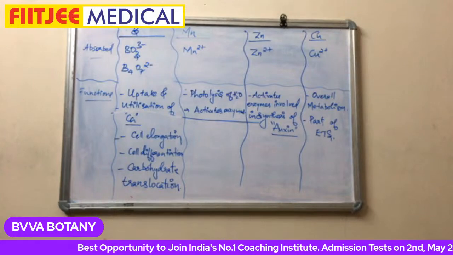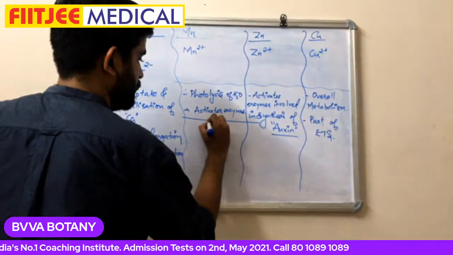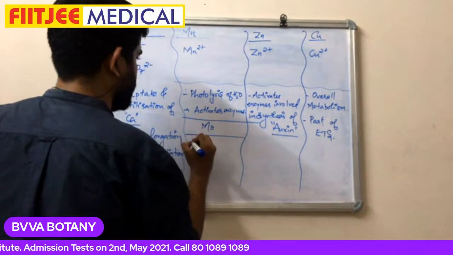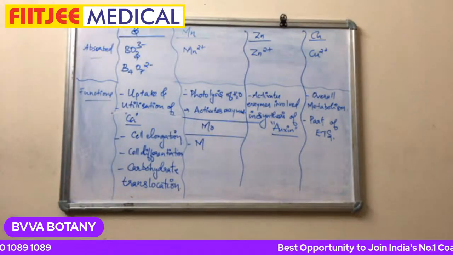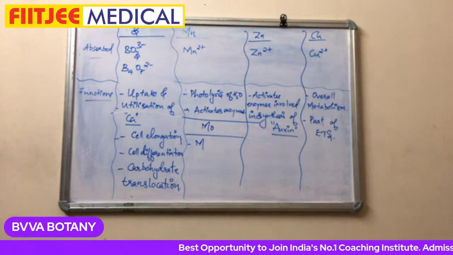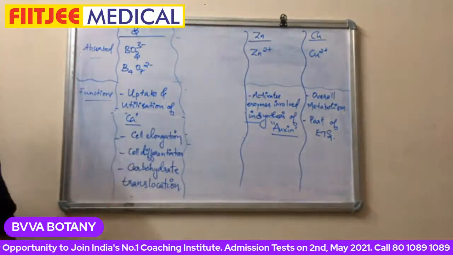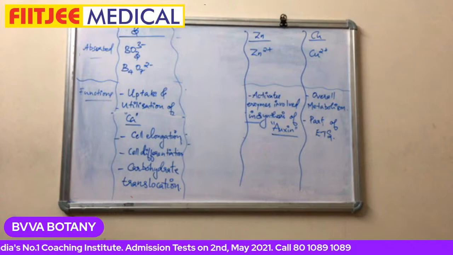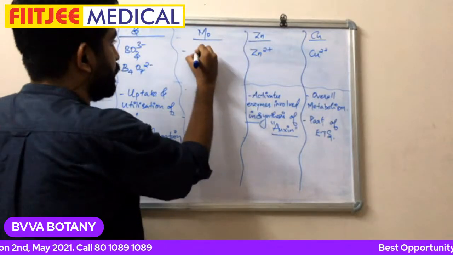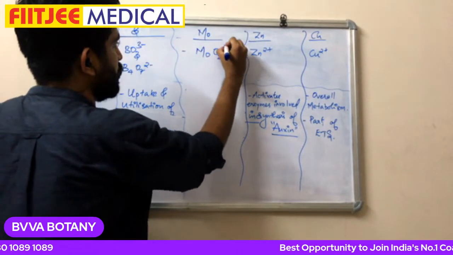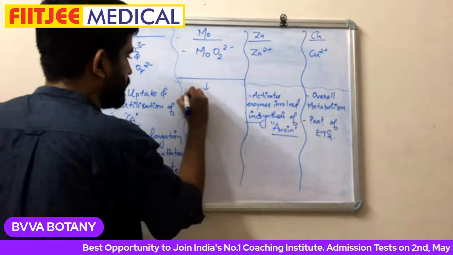Okay. Next one. Molybdenum. Molybdenum is actually absorbed in the form of MoO2 2- ion, and already we said that it is helping in what functions?